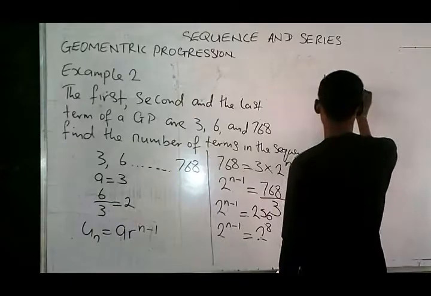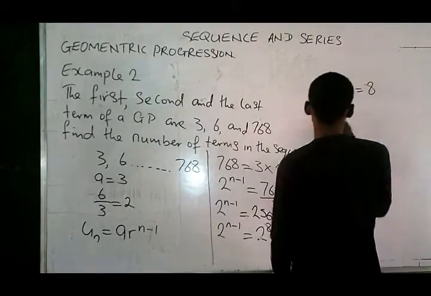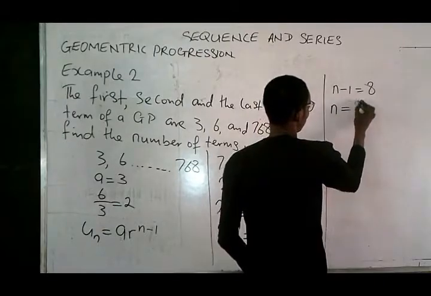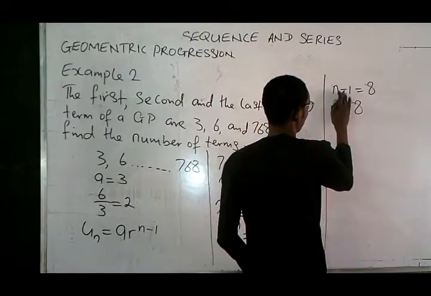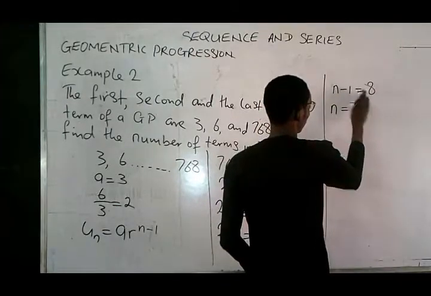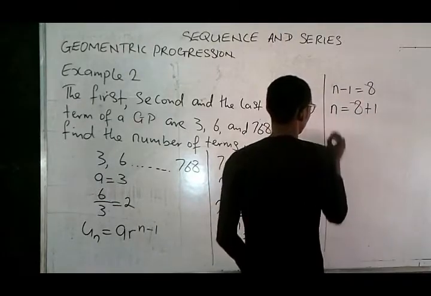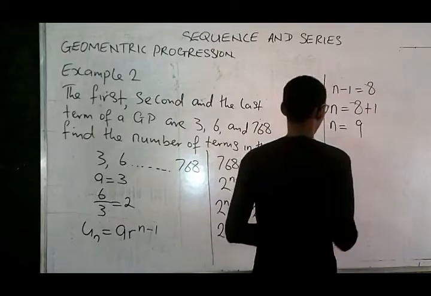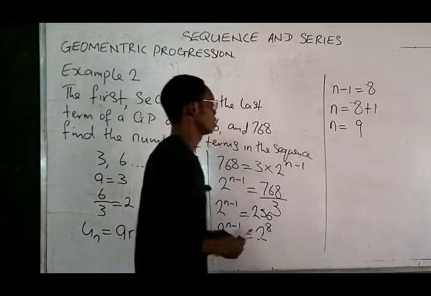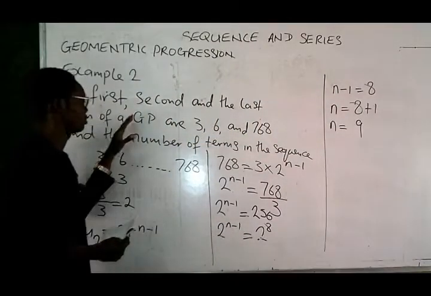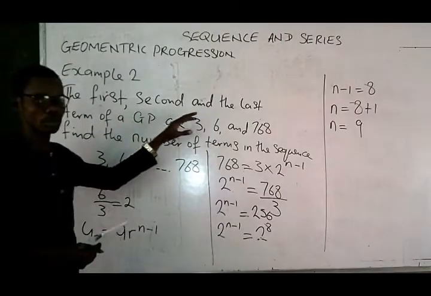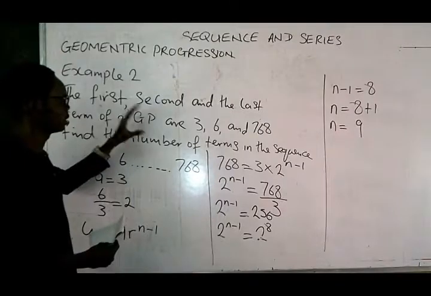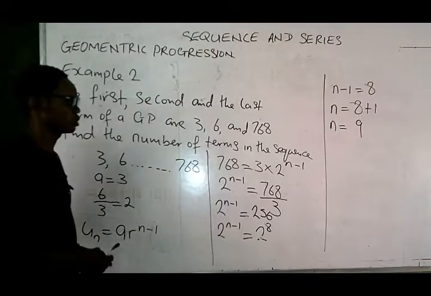Therefore, n is equal to 8 plus 1, taking the minus 1 across the sign of equality, it becomes plus 1. n is equal to 9. So the number of terms in this sequence is 9. There are 9 terms in this sequence.